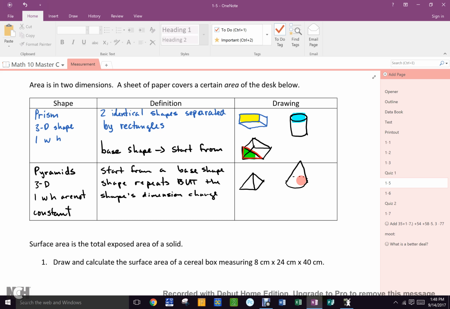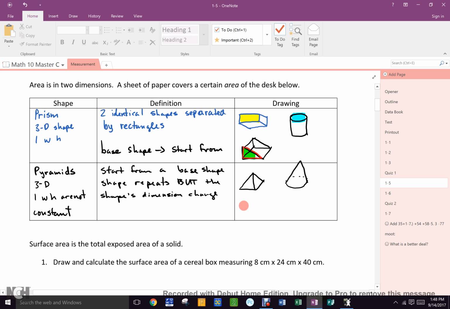Can I have a triangular pyramid? Sure, I'd start with a triangle and I'd shrink it until it would disappear. Could I start with an octagon? Sure I could. That'd be cool. It would just shrink to a point. Actually, yeah. You can start with the square, you can start with the rectangle, you can start with anything, right?